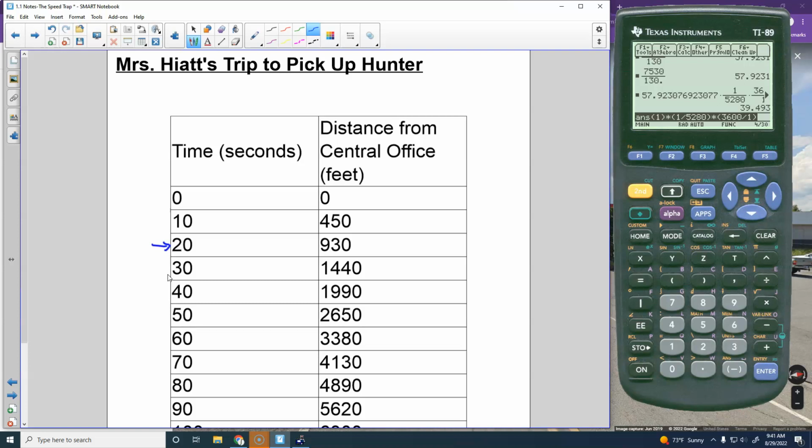Let's see. I think what I did is I used 20 to 30. 20 to 30 is going to give us probably a little bit of a fast estimate because I'm probably going slower here and faster here. But I did 20 to 30 there.